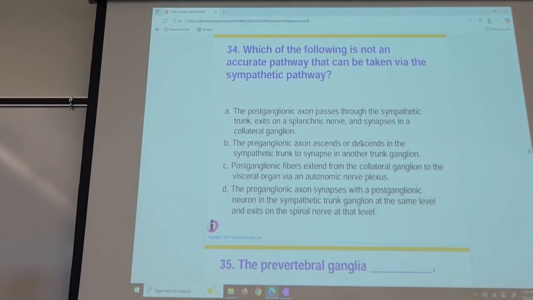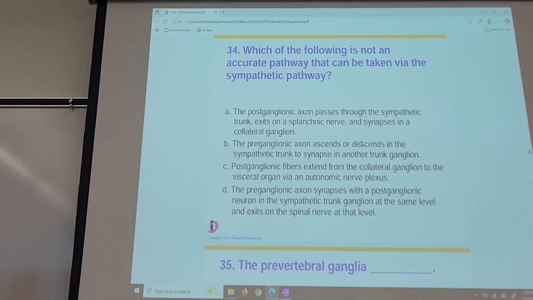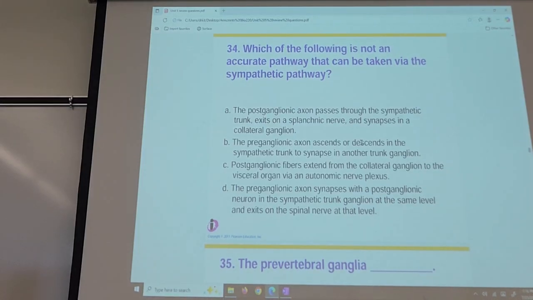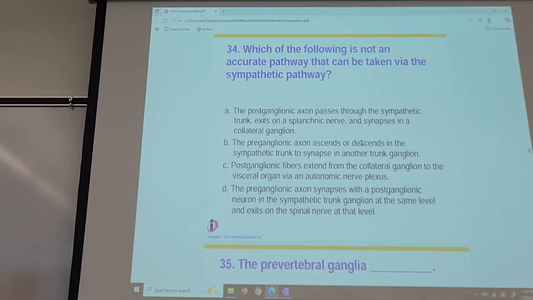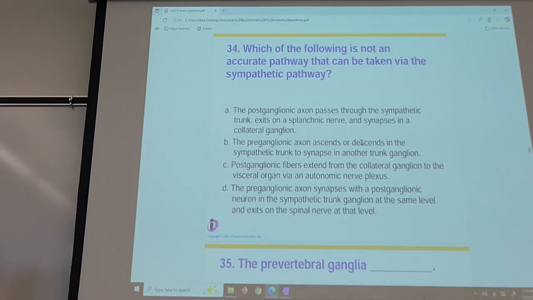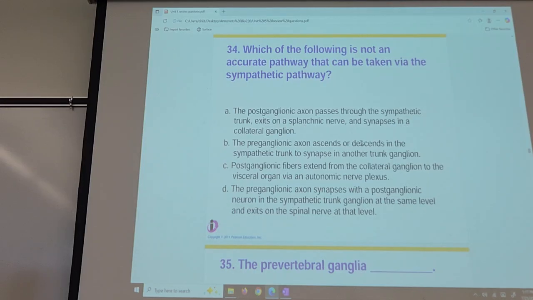And we say they serve the extremities, right? The arms and the legs. That's what plexuses supply. The effectors that we're talking about in this unit of study are not in your arms and your legs. They're in your thorax and abdomen, visceral organs, right? So that pretty much negates C, because that's an incorrect statement.